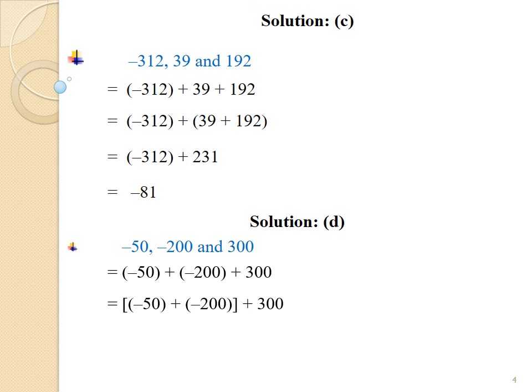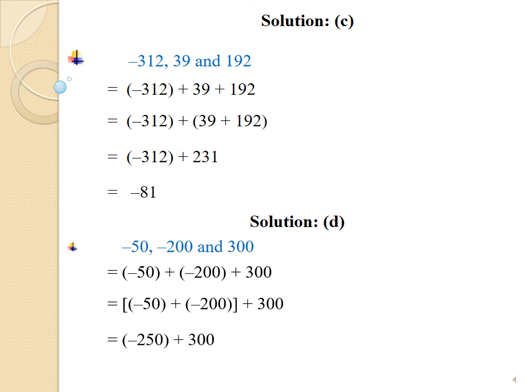Now, let us place a minus sign before 250 as the common sign is minus. Thus, placing a minus sign before 250, we get minus 250 plus 300.